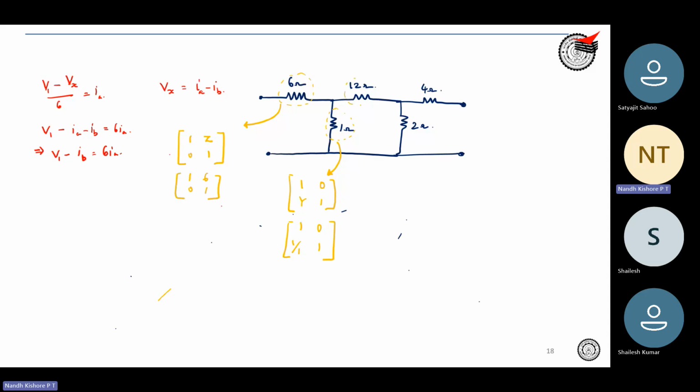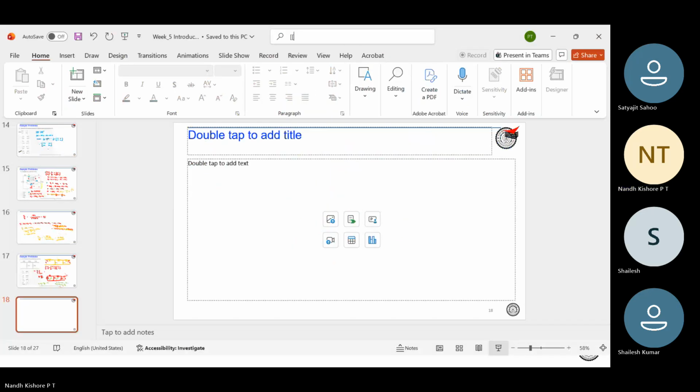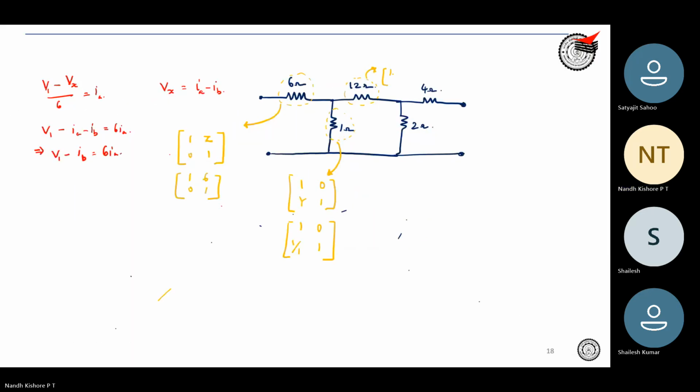Likewise, for this 12 ohm, it can be written as 1, 12, 0, 1. This can be written as 1, 0, 1 by 2, and then 1. And this as 1, 4, 0, 1.